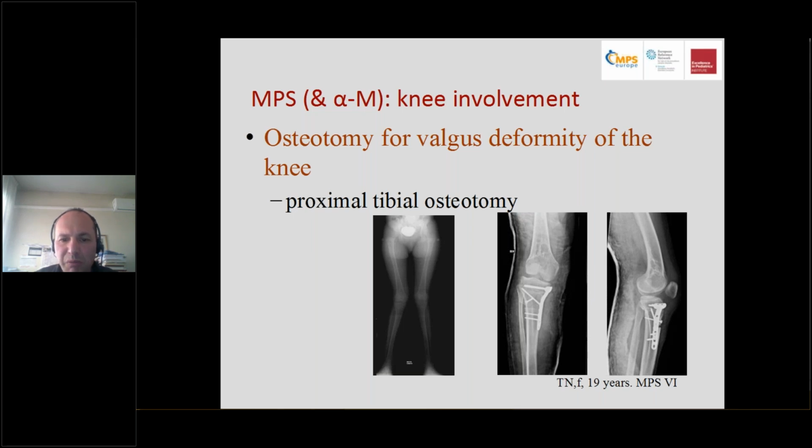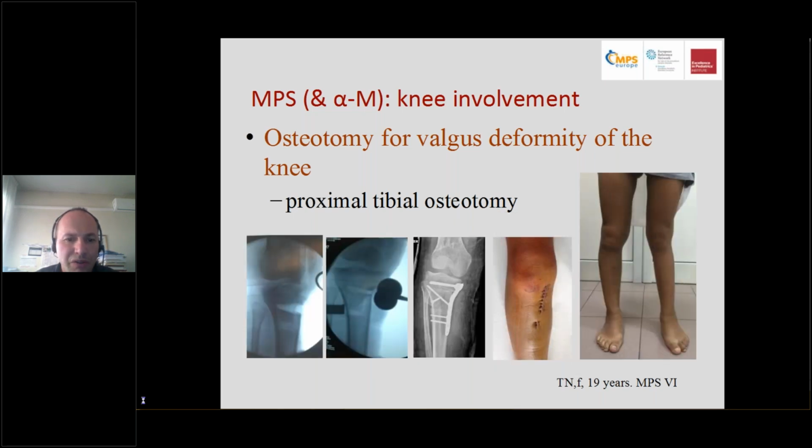You know, you need an open procedure full of metal and so on. This is some surgical details with the good result, but the surgery is bigger and bigger. Sometimes we know that there are some anesthetic problems, so we should try to prevent bigger deformity in children, trying to avoid bigger corrections in adults.